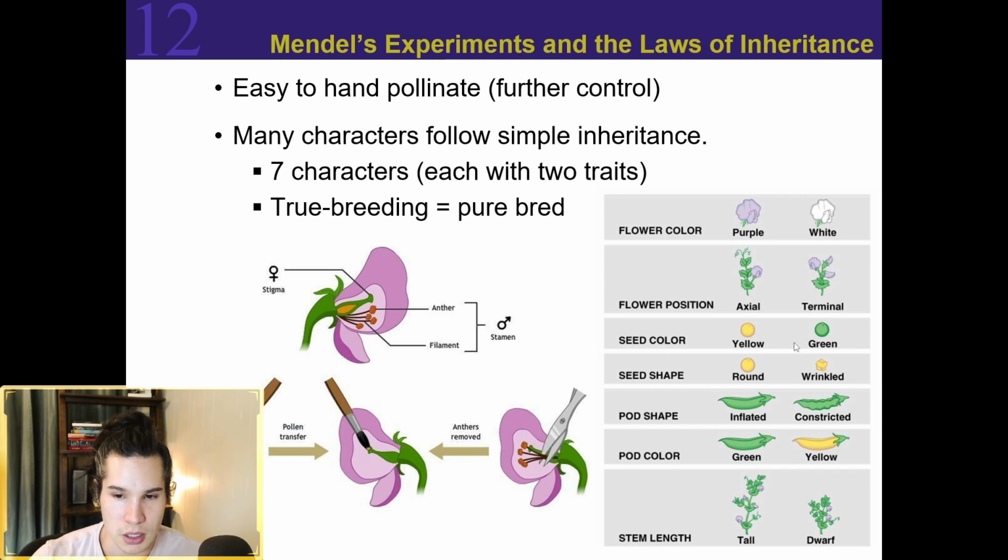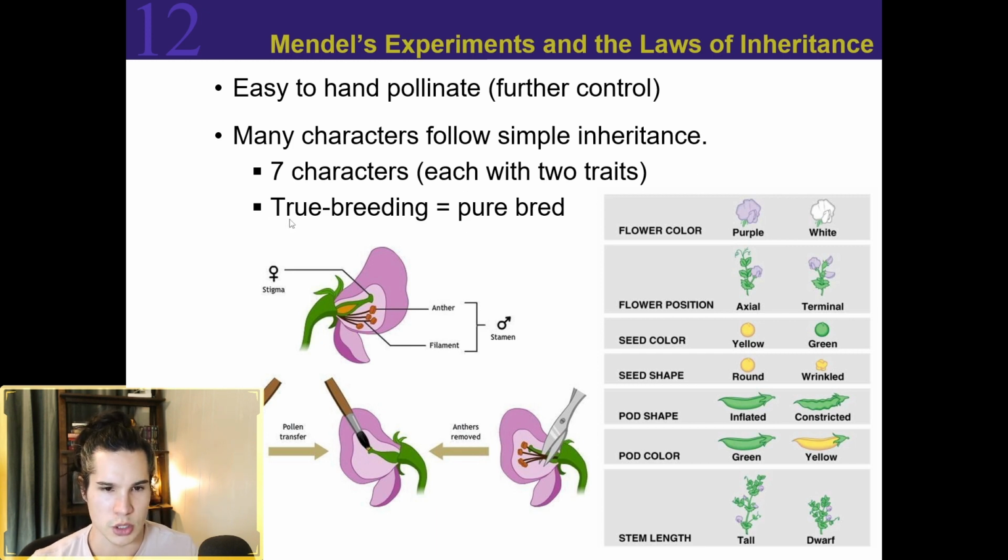Same with seed color: you either had yellow seeds or green seeds, nothing in between. Same with seed shape. You'd have round seeds or you'd have wrinkled seeds. You wouldn't have some roundish, wrinkledish intermediate phenotype. It would either be round or wrinkled. Pretty binary. So he studied 7 characteristics, each with 2 traits, one or the other.